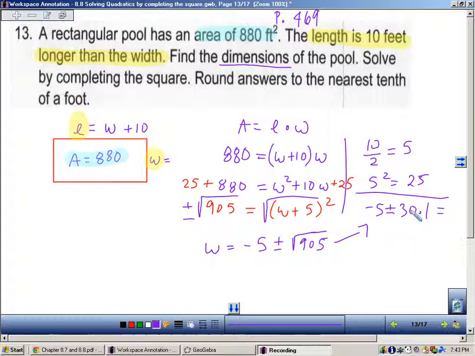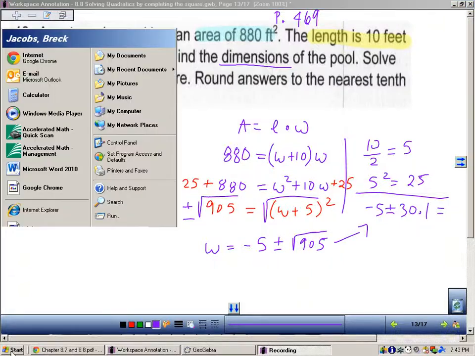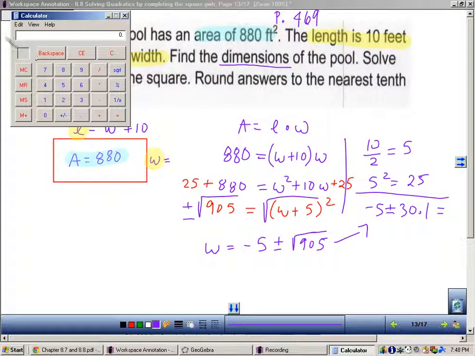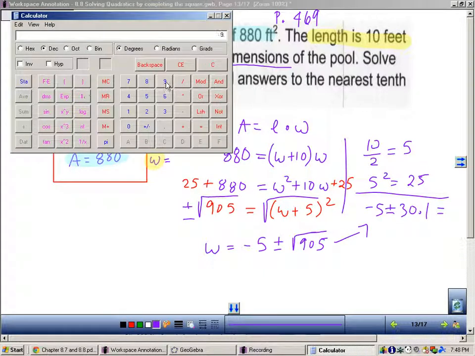I'm going to use my calculator here. So 30.08 minus 5, 25.08 is 25.1.